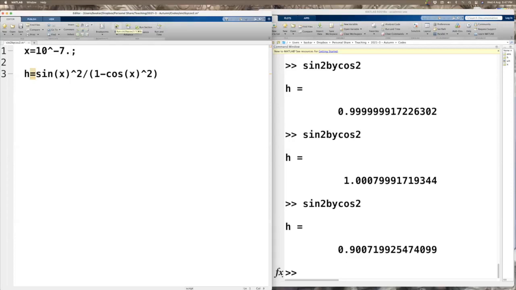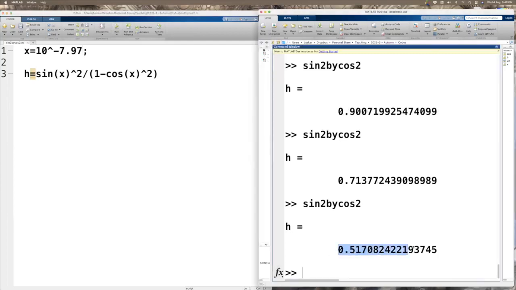And now I'm going to go to minus 7.9. You can see that there is almost a 30% error. And further, let me go to minus 7.97. And you can see that now h is shown to be 0.51, which almost has 50% error, right?